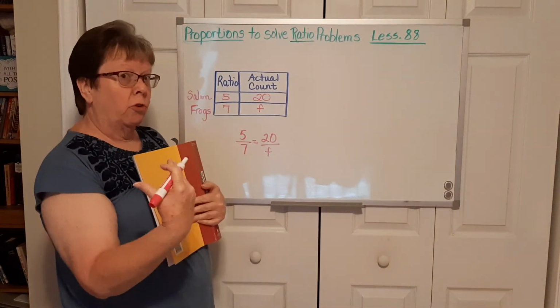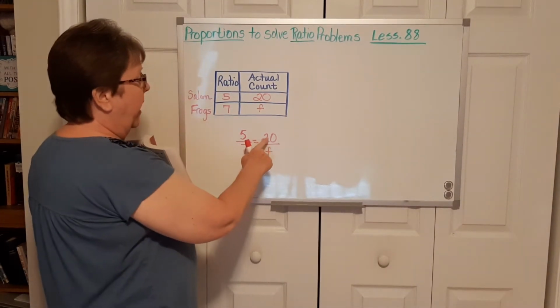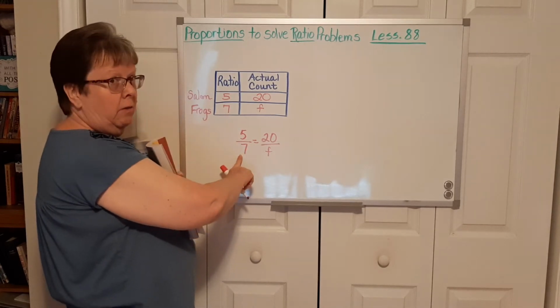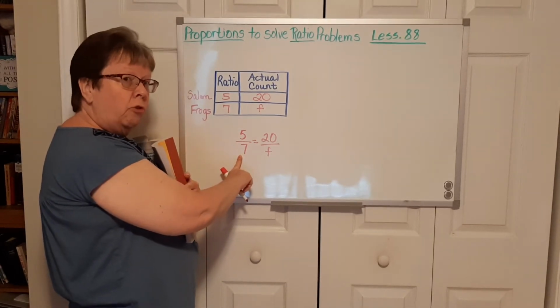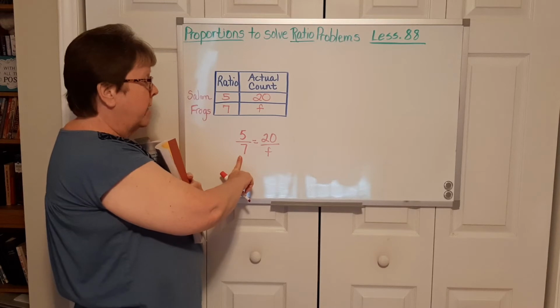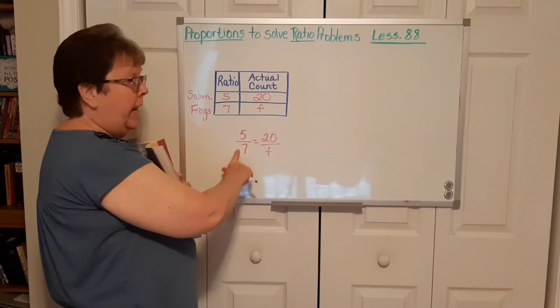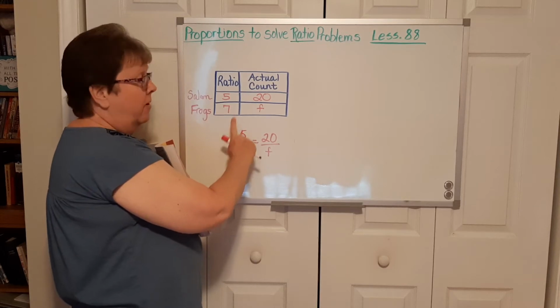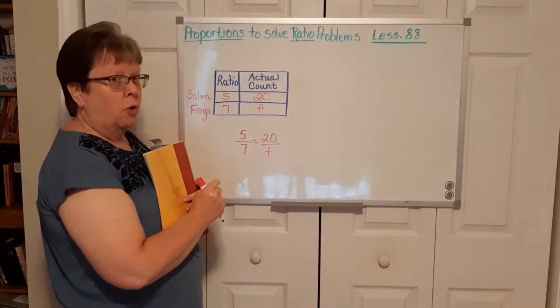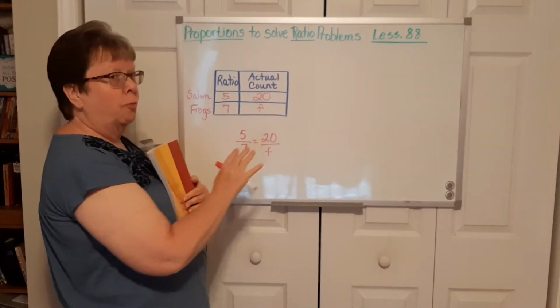We can use cross products, which you could take 20 times 7, and whatever answer you get for 20 times 7, which is 140, you could take 140 and divide it by 5 to find out how many frogs there were. Now that's using cross products.